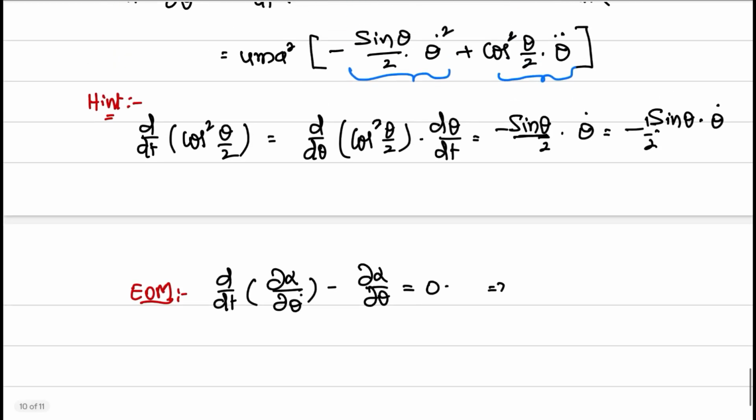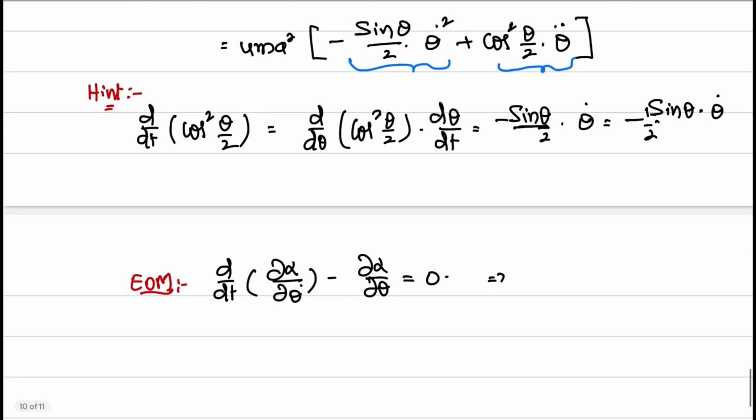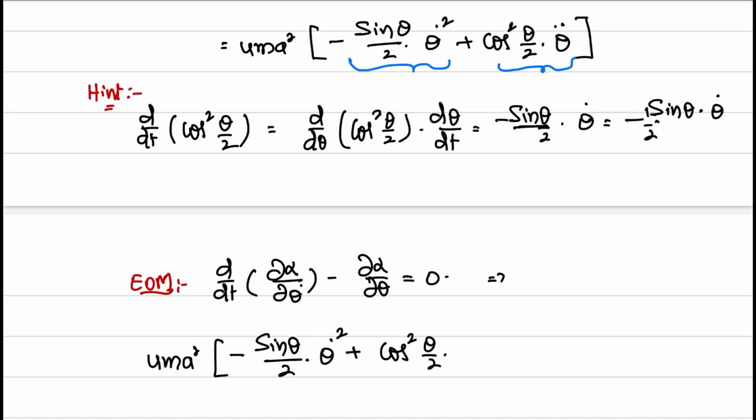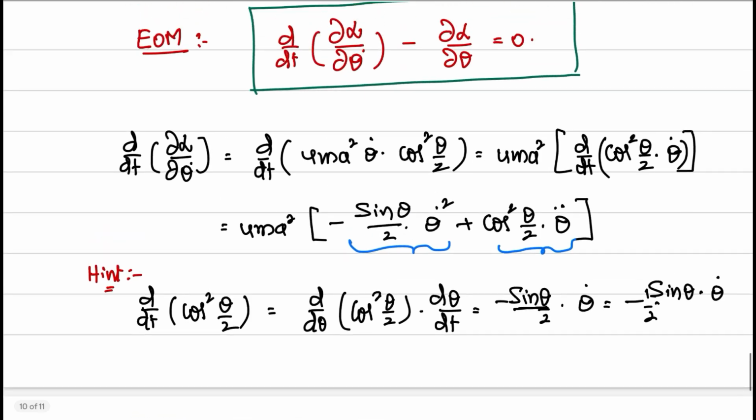That implies 4ma² into minus sin θ by 2 into θ dot squared plus cos² θ by 2, here sin θ whole by 2, here θ by 2 only, θ double dot, minus ∂L/∂θ.